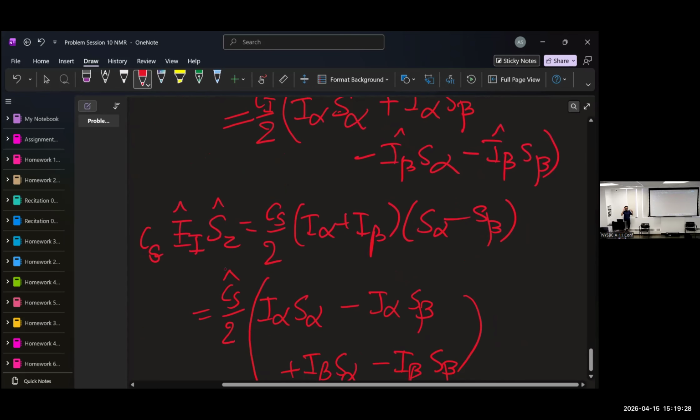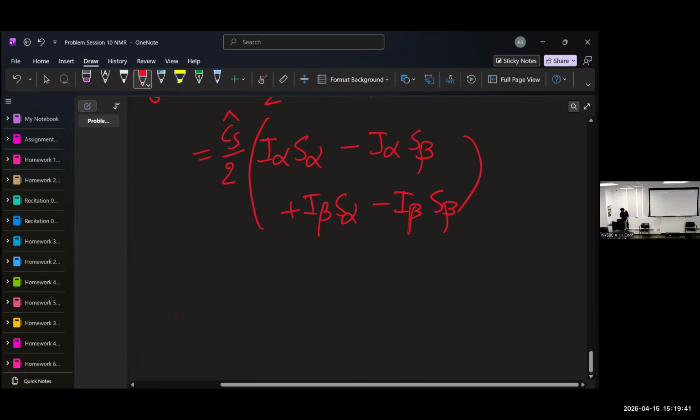Which two terms have the same sign in both expressions? That's alpha. I made a mistake. Alpha alpha minus beta beta are the same. Then, if I add up, this is the total.